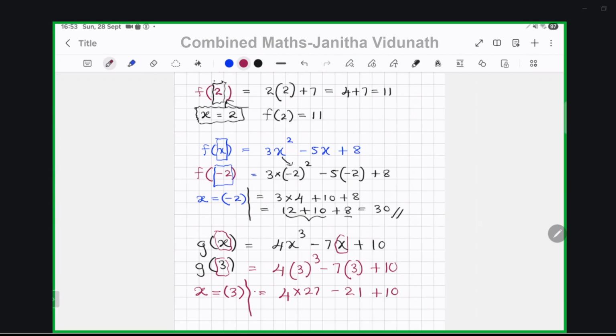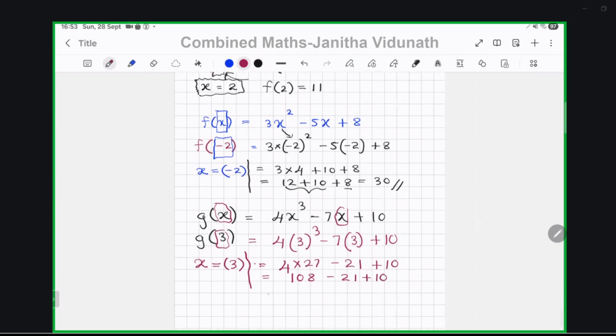Then we get 4 times 27, which means 108, minus 21 plus 10. Then the final answer: by simplifying 21 and plus 10, we get minus 11. That means 108 minus 11 is 97.